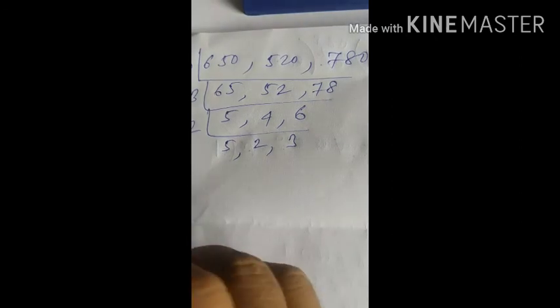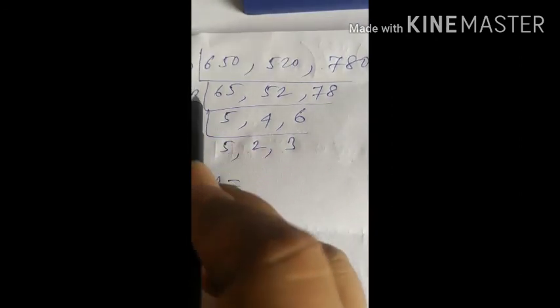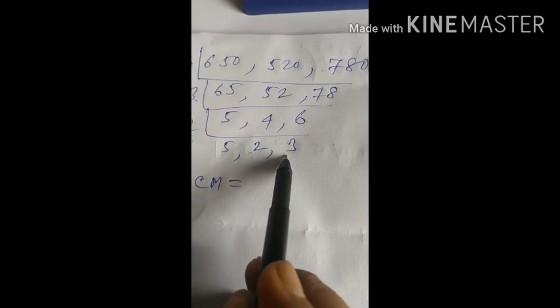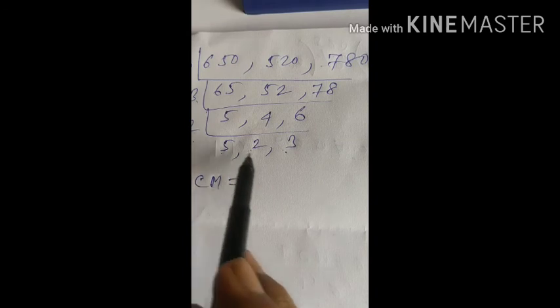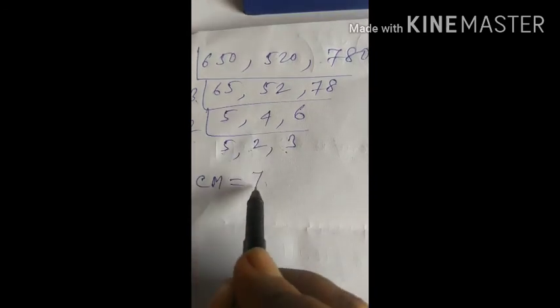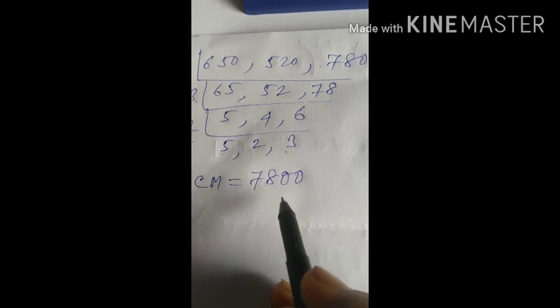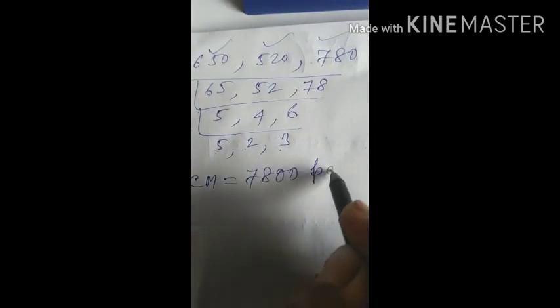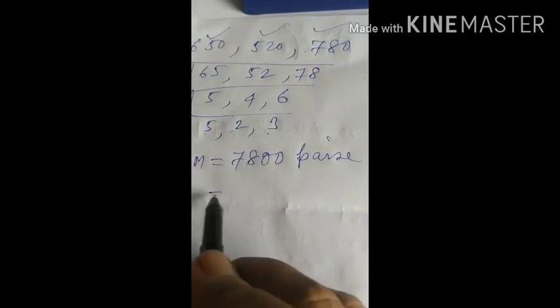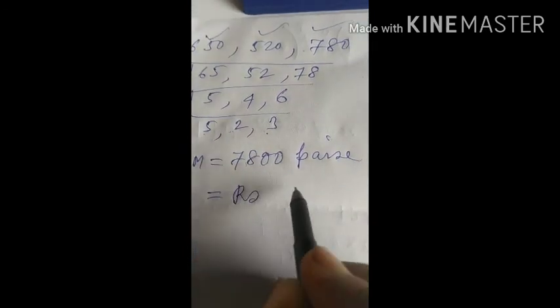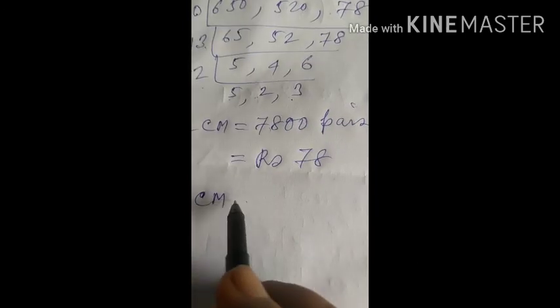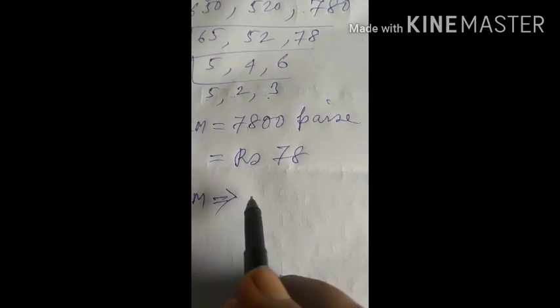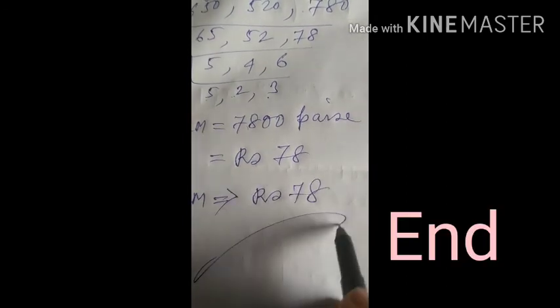So the LCM will be the product of 10, 13, 2, 5, 2 and 3, and the product of these numbers is 7800. So the LCM of these paise will be 7800, that is rupees 78. So the LCM of the given rupees and paise will be rupees 78.